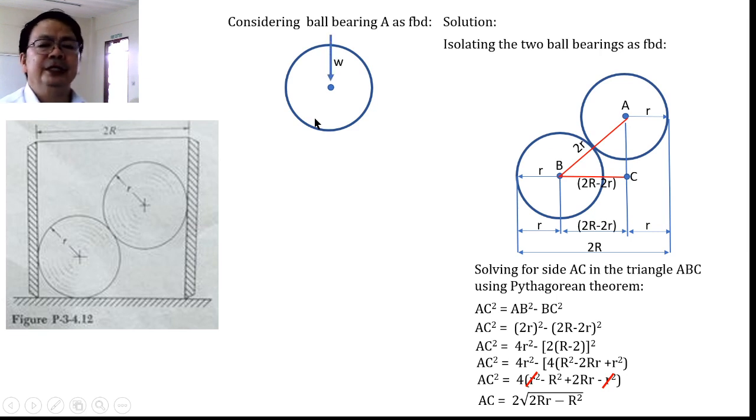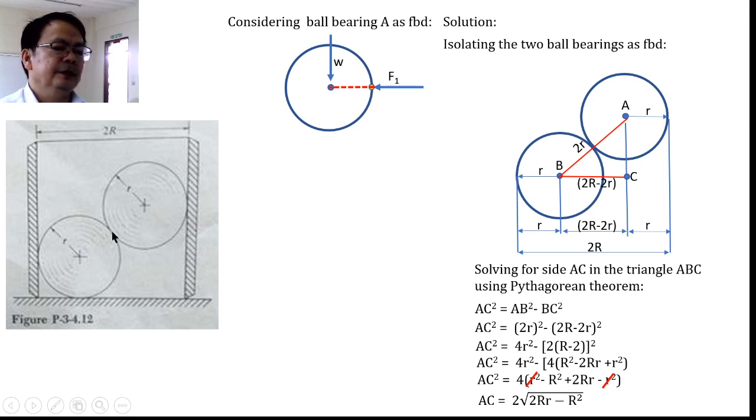Yan, may small w dyan, di ba? Now at this point, since this is attached to this wall, therefore at this point, natatawagin nating point D, will be subjected to a horizontal force F1. And we would expect that F1 shall be directed towards the center of the ball bearing.